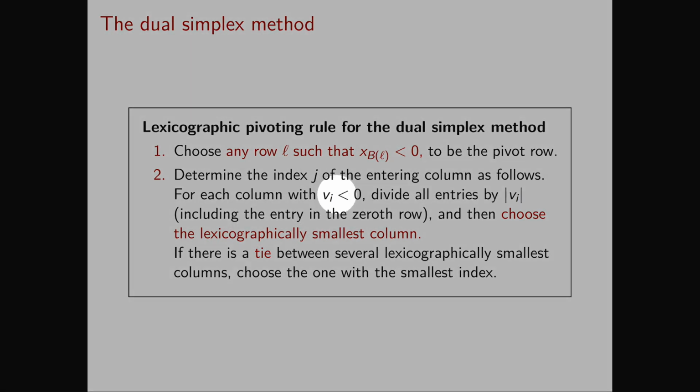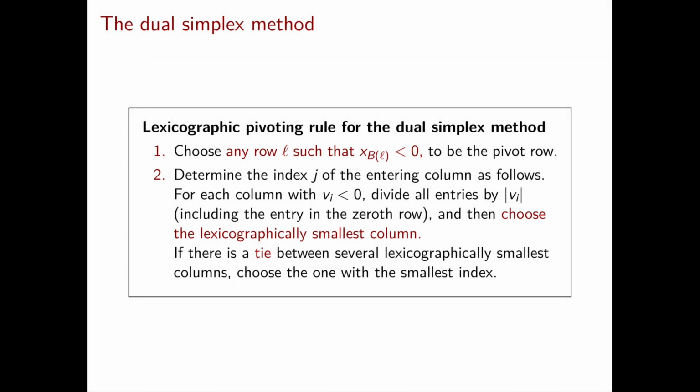For each column with v_i strictly negative, we divide all the entries of the column by the absolute value of v_i, including the entry in the 0th row. And then we choose the lexicographically smallest column. If there is a tie between several lexicographically smallest columns, then we're supposed to choose the one with the smallest index.